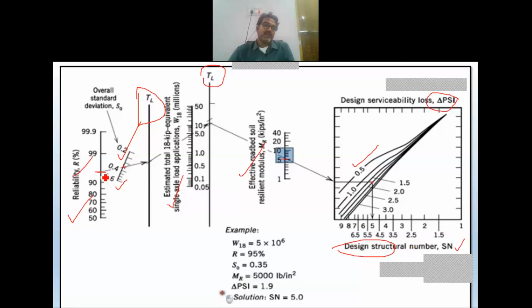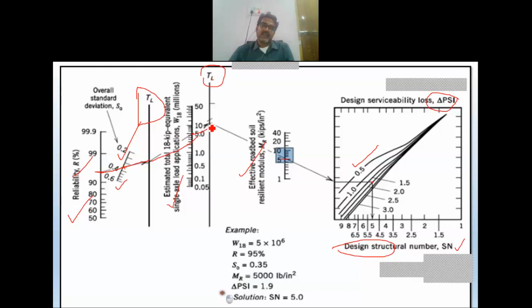So I begin with 95% reliability. I will draw an inclined line onto the standard deviation axis, extended onto the first turning line. From this intersection point on the first turning line, I draw another inclined line onto the traffic axis, where the traffic is 5. From it the line is extended to the next turning line.